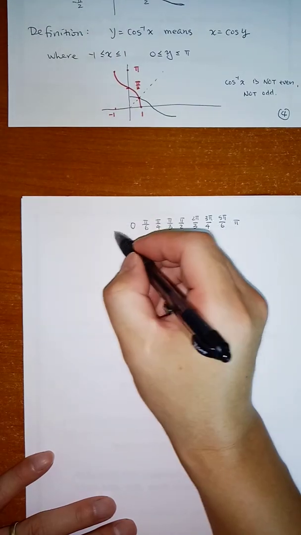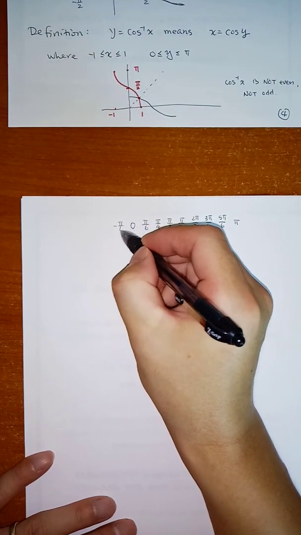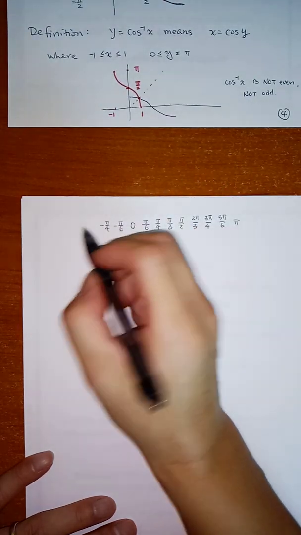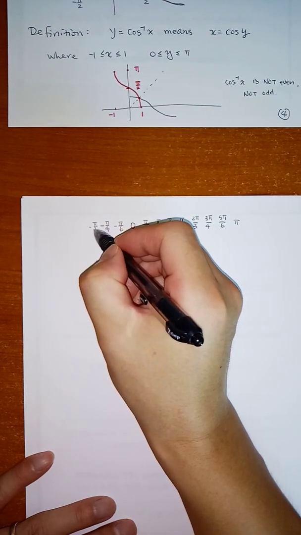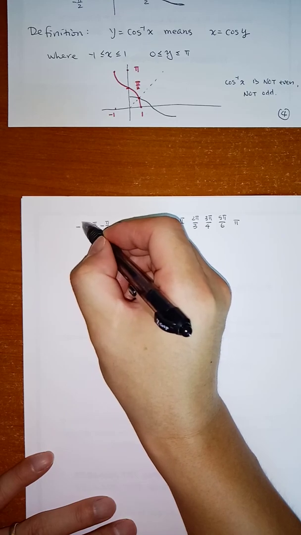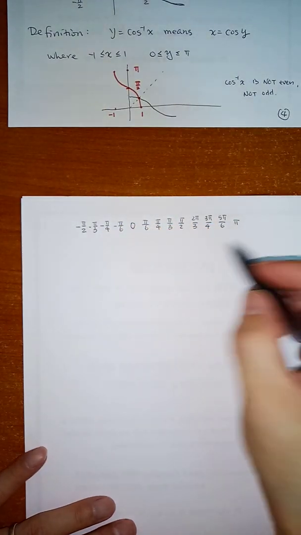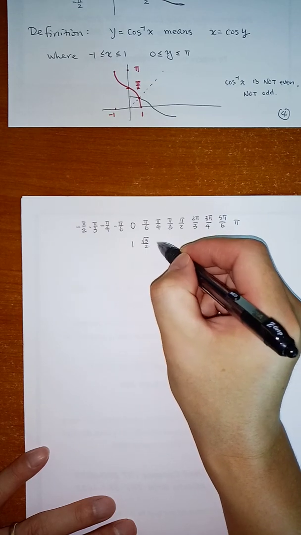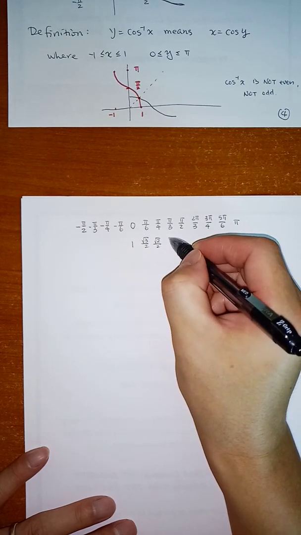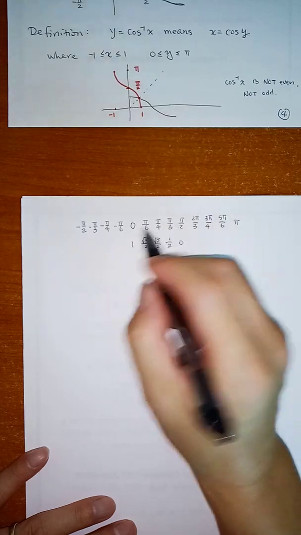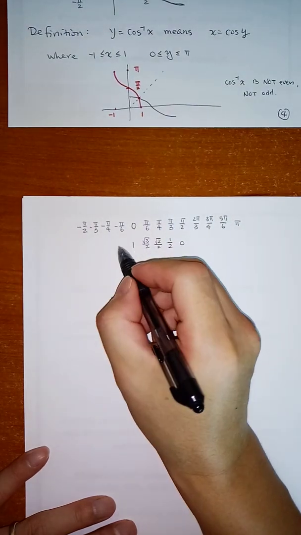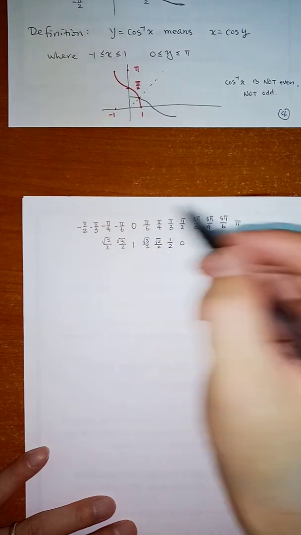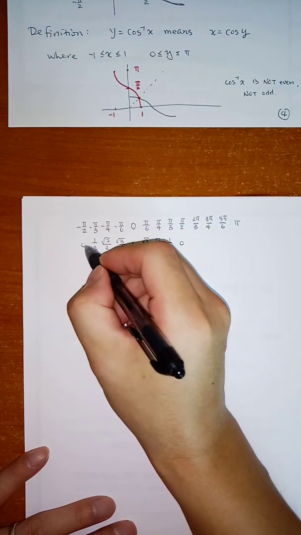And for this part, if you want, you can copy. But remember that cosine is an even function. So this part, if you move to the left, is just a repeat. So you get 1, root 3 over 2, root 2 over 2, 1/2, and 0. Here it is symmetric, so root 3 over 2, root 2 over 2, 1/2, and 0.